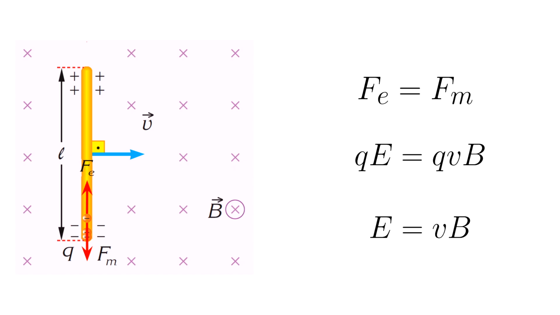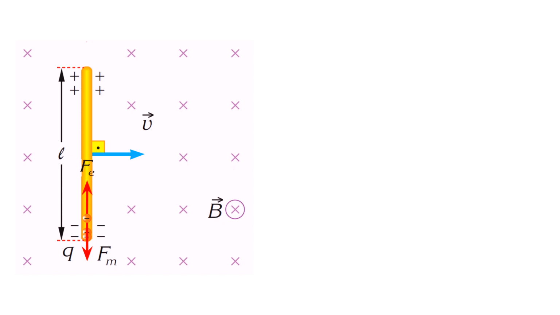And the electric field, we know it's constant, and since the electric field is constant, the electric field produced in the conductor is related to the potential difference across the ends of the conductor according to this relationship. The potential difference is equal to electric field times the length of the conductor.